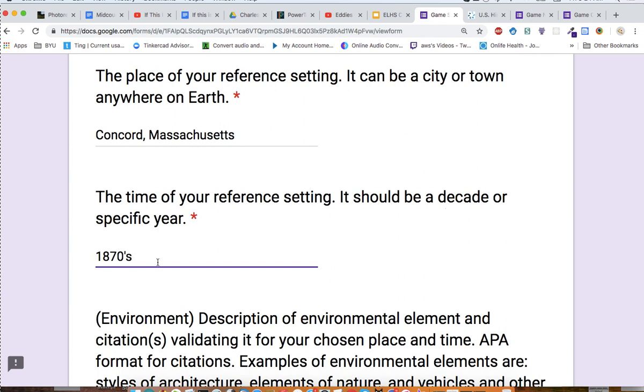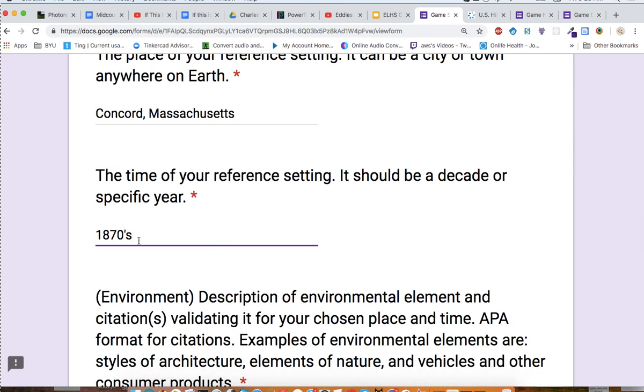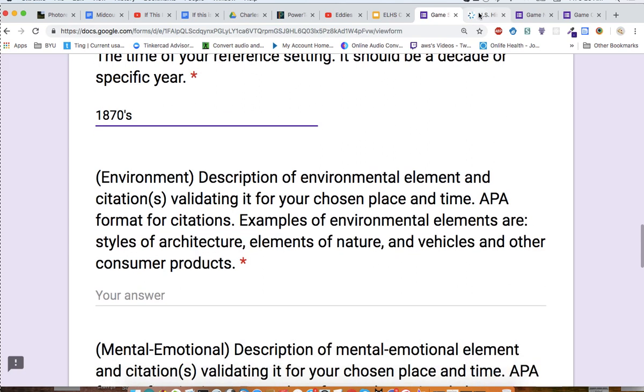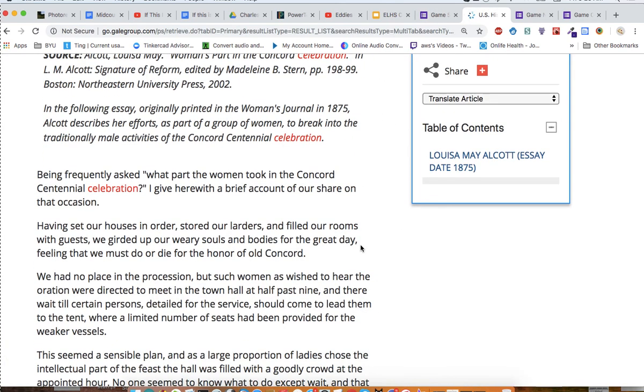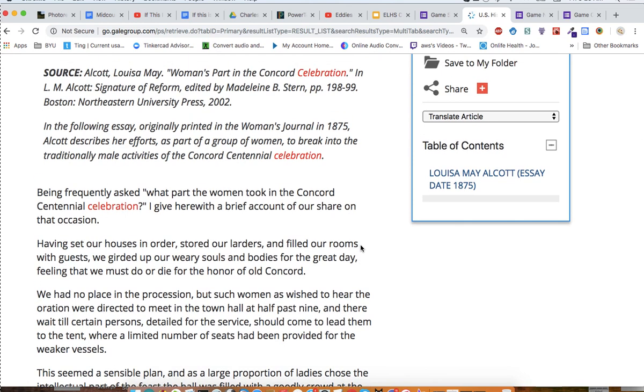But she had written this the year before 1876, in 1875. So we can easily just fulfill our obligation by mentioning that we are going to do the 1870s. And this definitely is placing this celebration in this particular time and place.